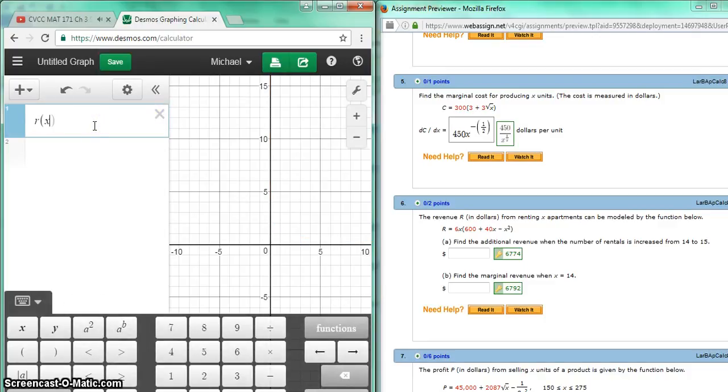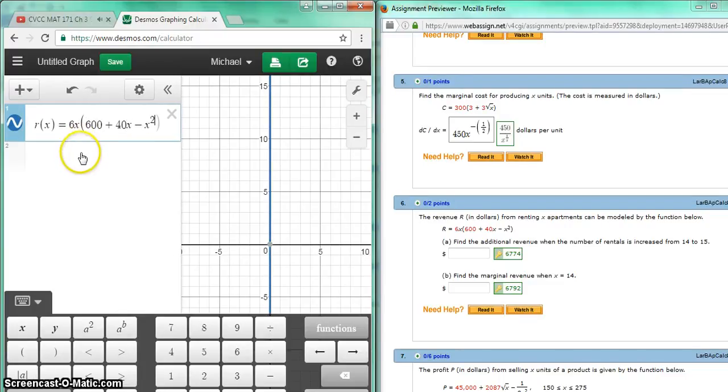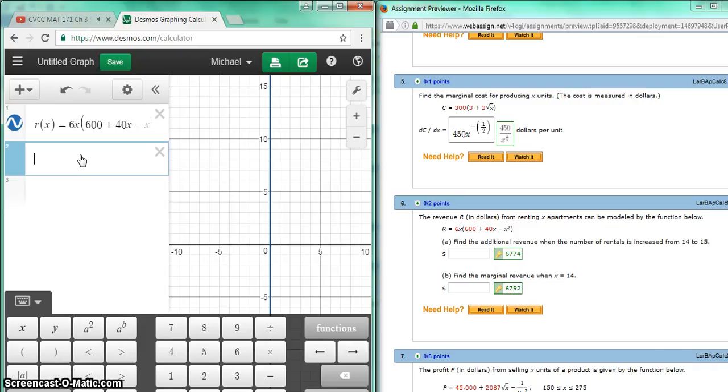If I have my revenue equation, so 6x times 600 plus 40x minus x squared, and if I evaluate it at 14, I get that value.